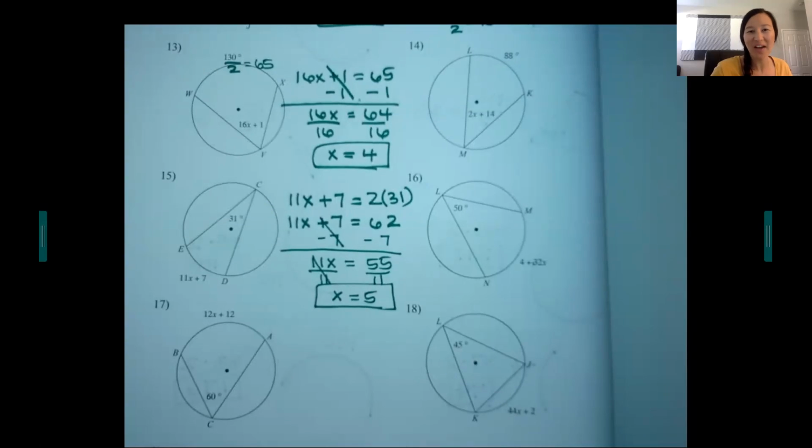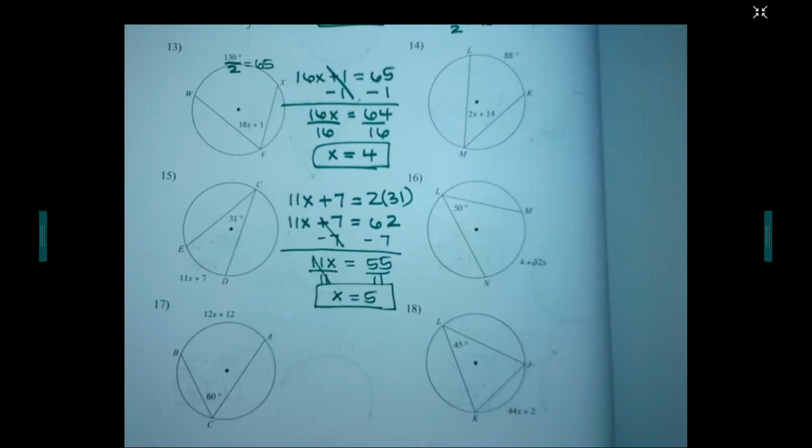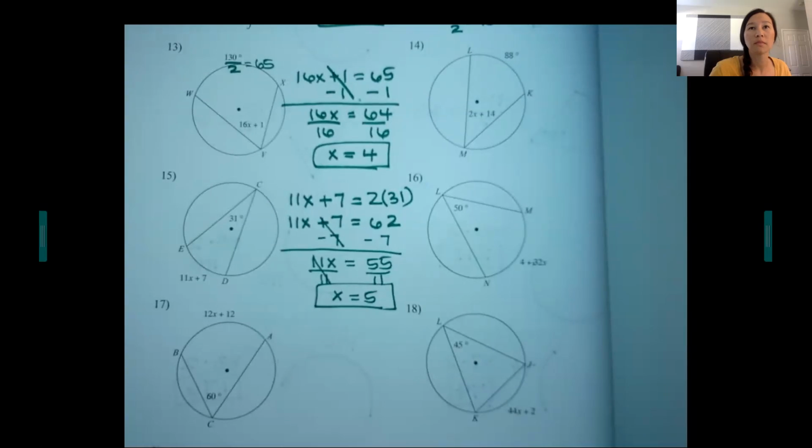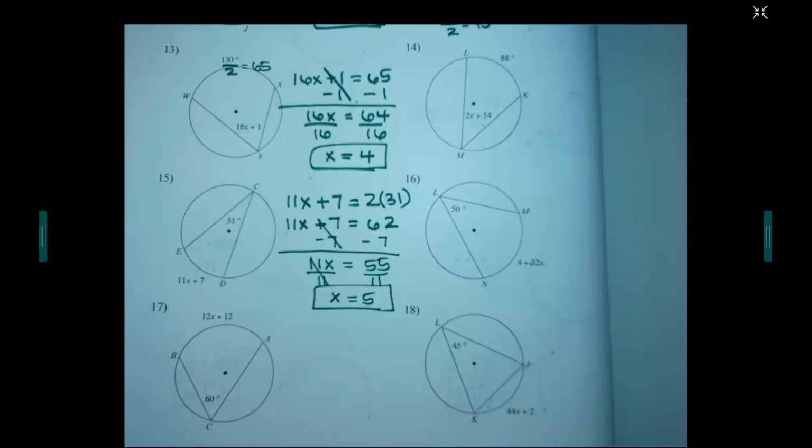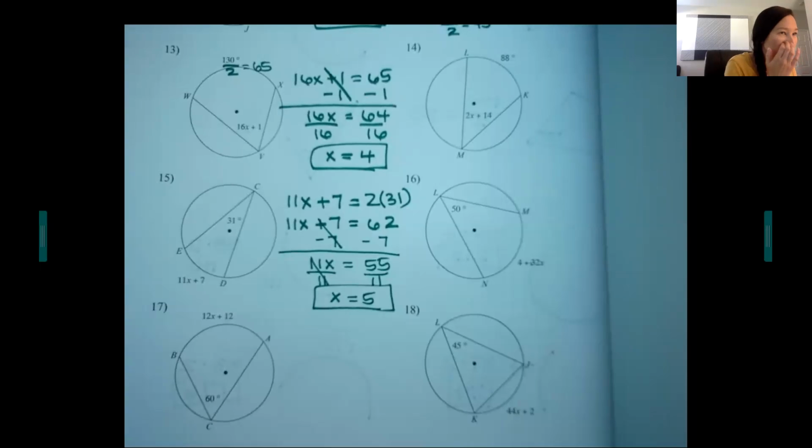Oh, perfect. Okay, good. So wait, I'll divide the angle by 2, right? Okay. Let's see. Jaden, what number are you working on?